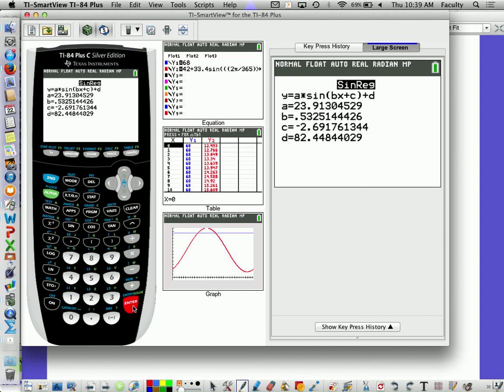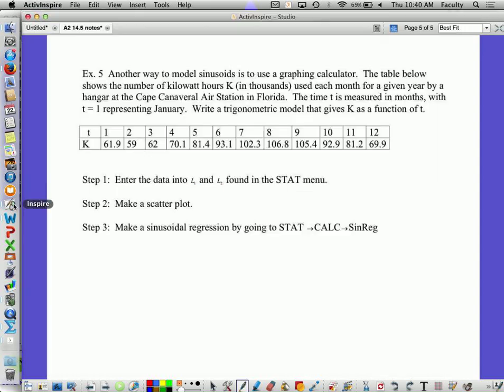Remember, ours was b times x minus h plus k. But it's okay because they tell us what it is. So then here's what we're going to do. This is so easy. It's going to be the letter k equals 23.9 sine the quantity 0.533t minus 2.69. Close that parenthesis. And that is it.